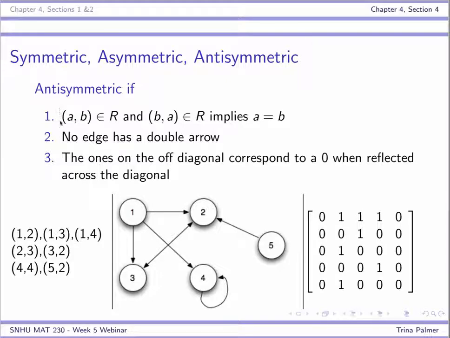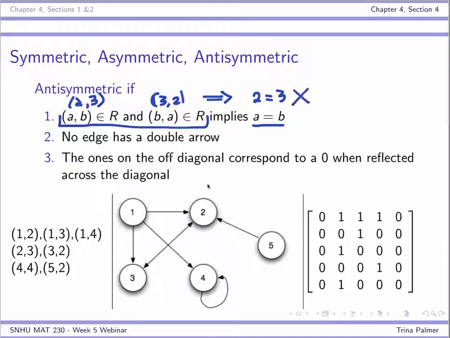It's antisymmetric if both AB and BA are in the relation, so you have to start off with the reverse order both being in R, but that means A is equal to B. So 2, 3 is in R, and 3, 2 is in R. That would have to imply that 2 equals 3.